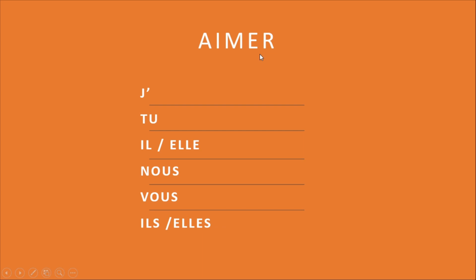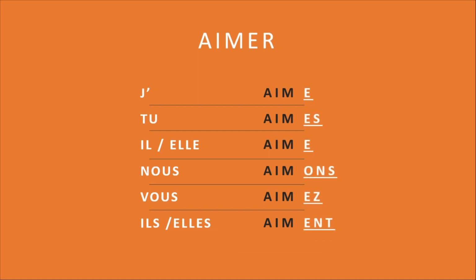To conjugate it, we remove er, so we have this part, and we just need to add the conjugation from the first group. Hop, that's simple. So it's j'aime, tu aimes, il, elle aime, nous aimons, vous aimez, ils, elles aiment. That's simple.